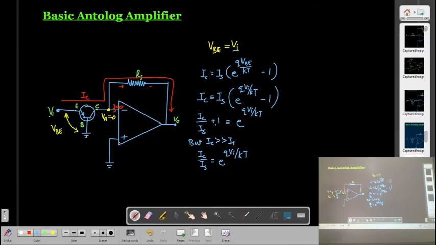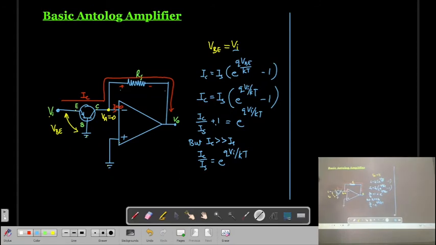Now, what is IC? To find out this IC, here we apply Kirchhoff's law in the output part of the circuit. Okay? From this output port, what is the potential? It is 0. Here we have the output voltage. Now the flow of the current, that is my IC.